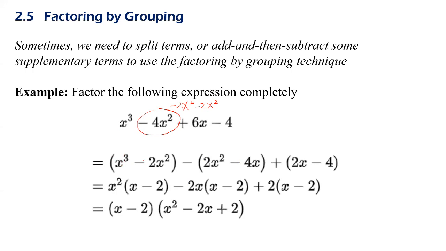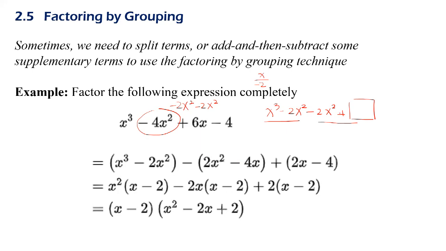So if we detach it into minus 2x squared minus 2x squared, the original expression can be expressed as x cubed minus 2x squared, right? And then minus 2x squared plus. So this term here is key, right? We need to ensure the ratio between each of the two terms is similar. So the ratio between the first two terms is x over minus 2, right?